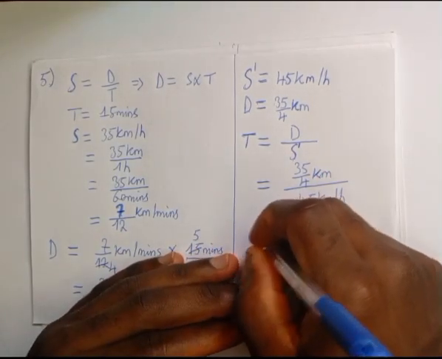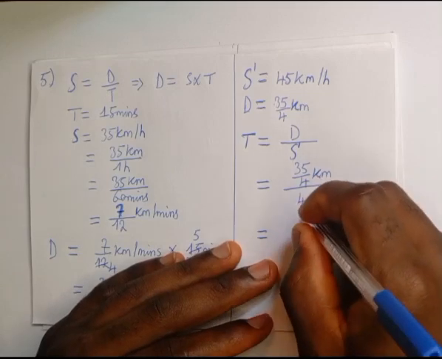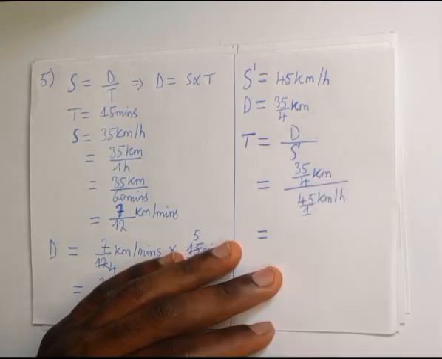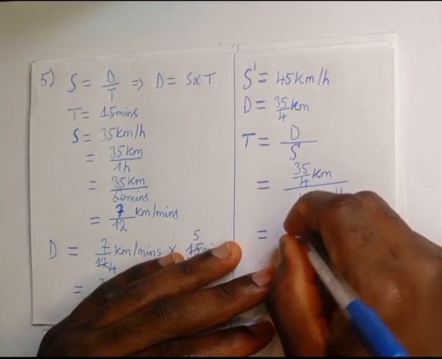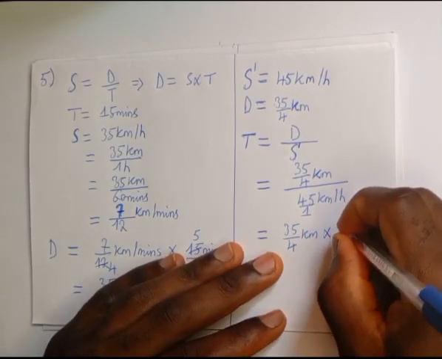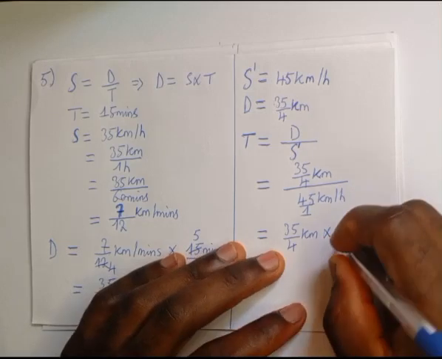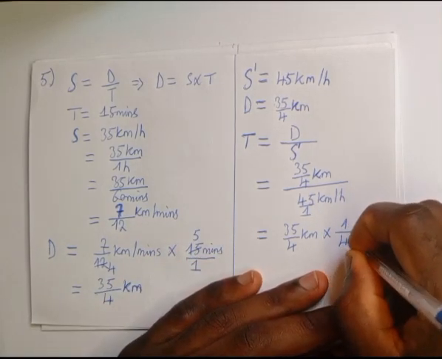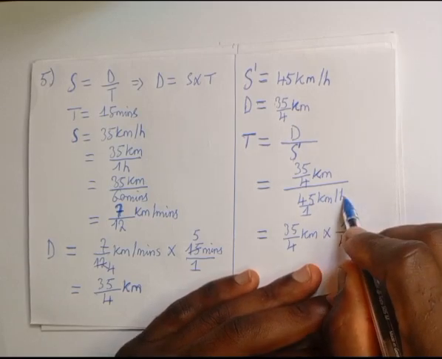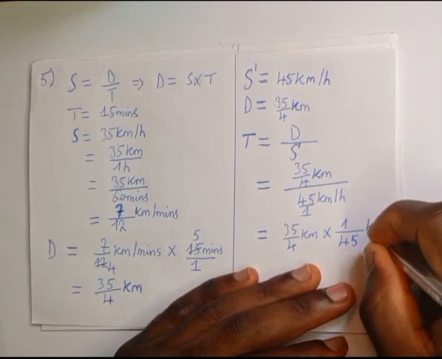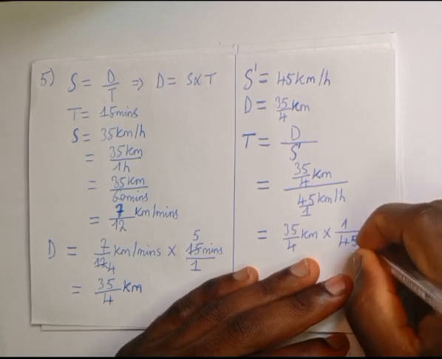Average speed is 45 kilometers per hour. This will simply be equal to 45 kilometers per hour. We can write 45 here as 45 over 1. This will give us 35 over 4 kilometers times 1 all over 45 kilometers per hour, which is at the denominator. Hours will go up and kilometers will go down as such.